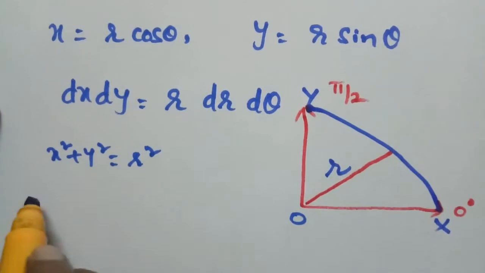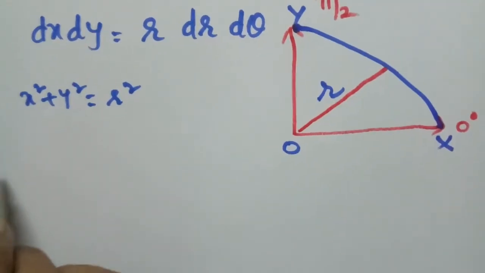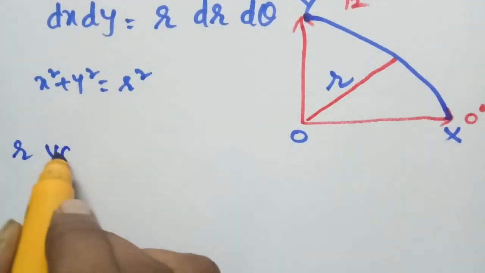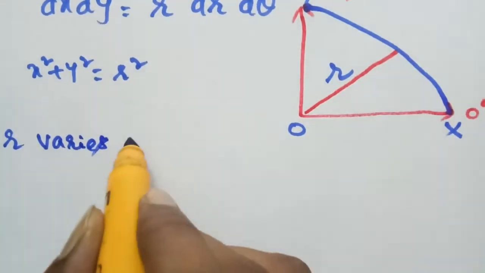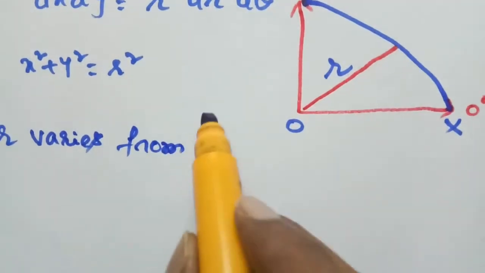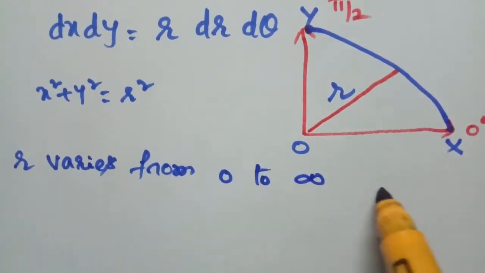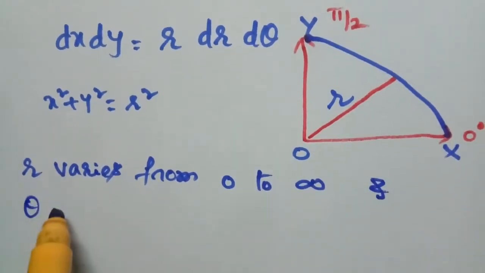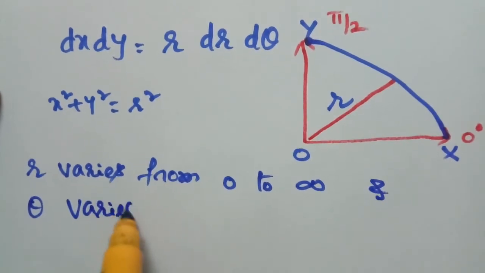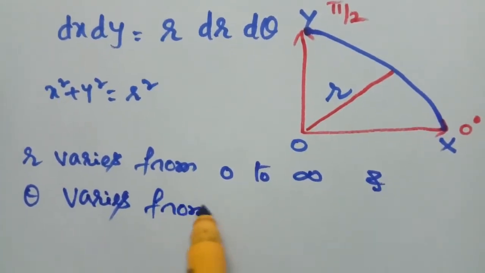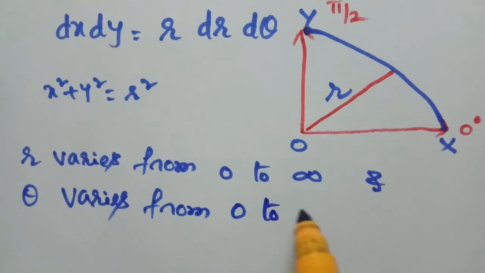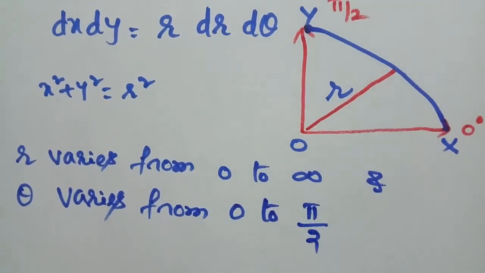Therefore here the radius r varies from 0 to infinity, and theta varies from 0 to 90 degrees.